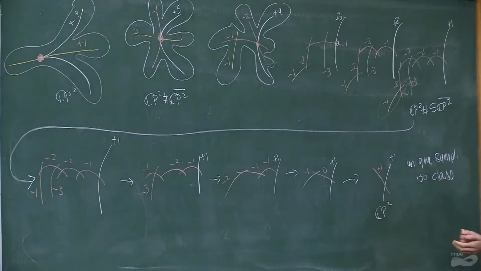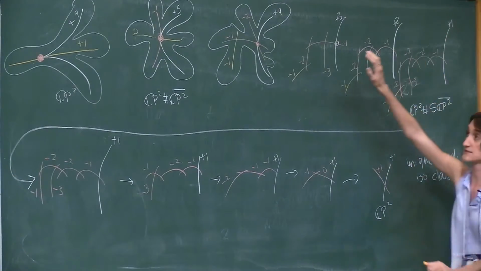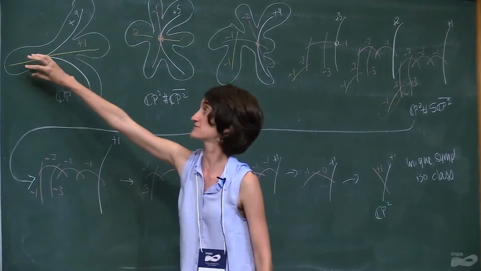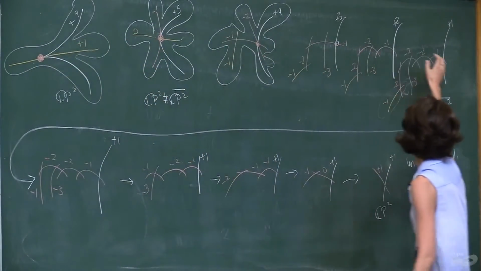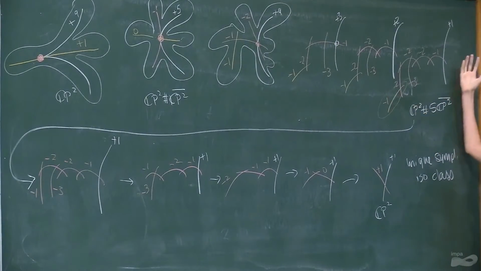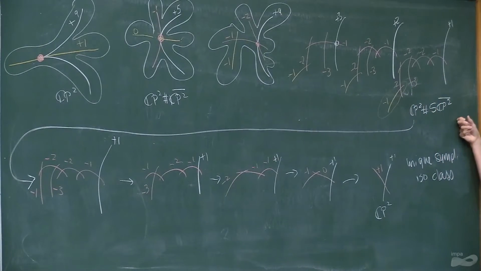And then somehow I knew that I wanted to have this orange guy to blow down. So what happened at this point was when I do this for the first time, I don't have this orange line. I blow up and I get the red and white curves. And I say, OK, what homology classes should these represent in CP2 blown up 5 times if this one represents a line?